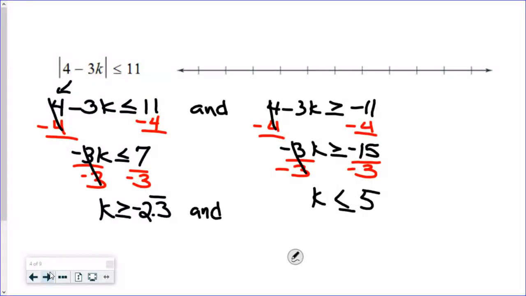Okay, so again, we're just going to separate them. -2.3 repeating, and 5 is here. Easy as that, okay? Now it's an and, so -2.3 filled in, and the arrow saying to the right. 5 is filled in.